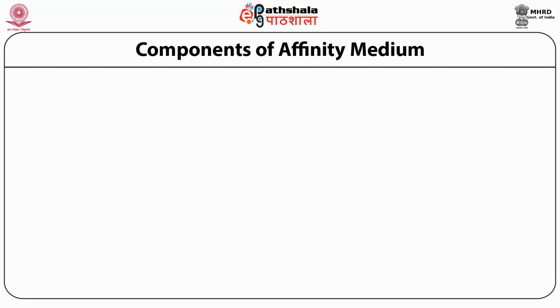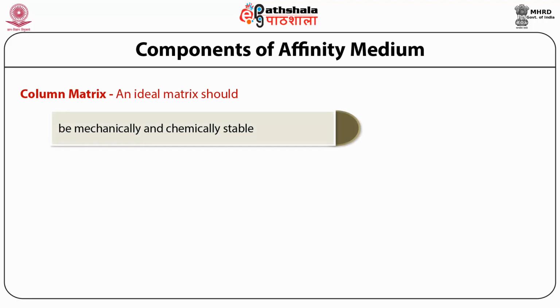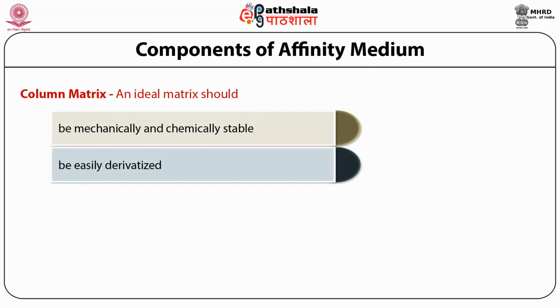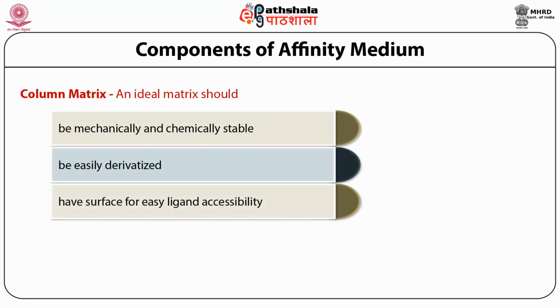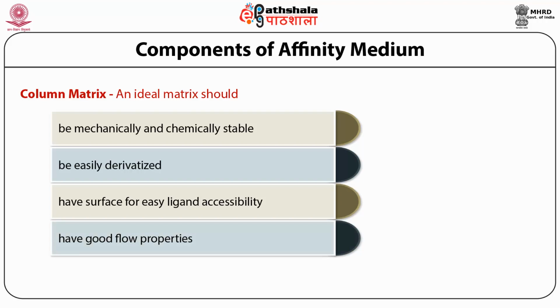The factors which should be considered while selecting an appropriate affinity support material include pore size, stability, chemical inertness, and mechanical stability. Therefore, an ideal matrix should be mechanically and chemically stable, easily derivatized, have a surface for easy ligand accessibility, have good flow properties, and be stable to a long range of buffers.